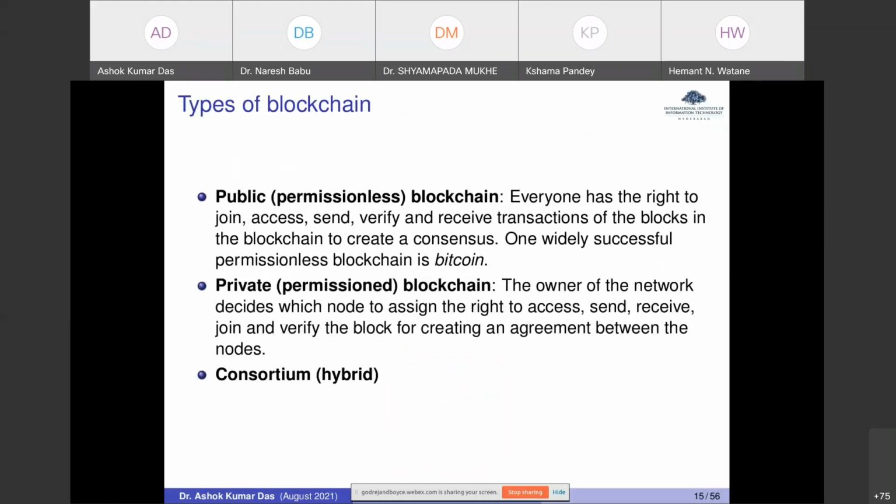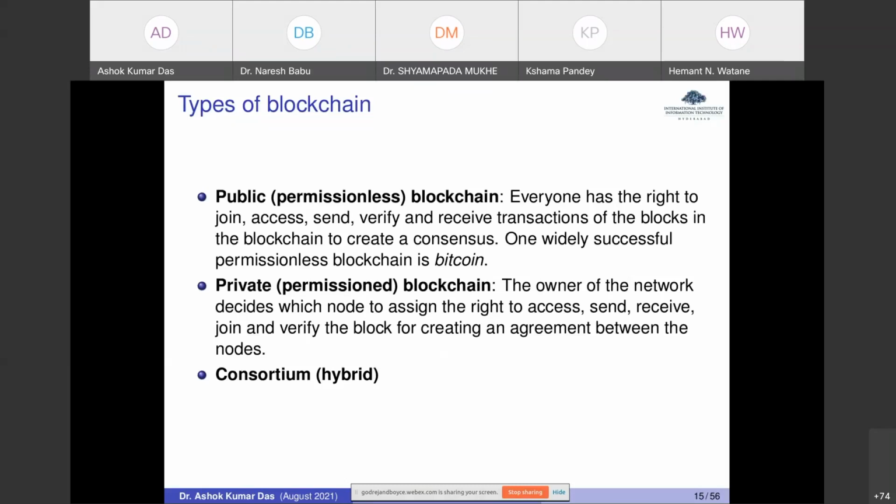Now, based on the applications, we can divide a blockchain into three categories. The first category is known as the public or permissionless blockchain. Under this category, anyone has a right to join the network, access the service, and send, verify, and receive the transactions of the blocks in the blockchain in order to create a consensus, known as the agreement.